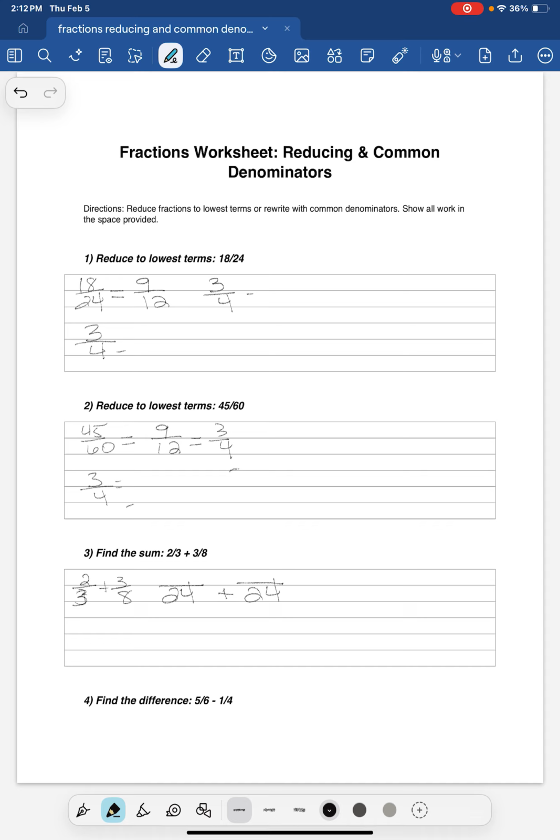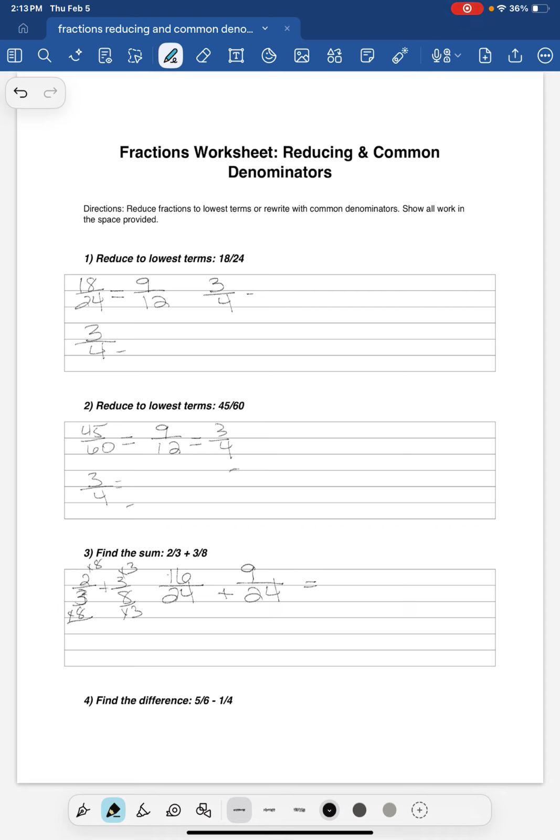Then you need to go back to your numerator and look at how you came up with 24 from 3. You came up with it by multiplying it by 8. So you need to do the same thing here, and that's going to give you 16. And you got to 24 from this 8 by multiplying it by 3. So you need to do the same thing here, and that's going to give you 9. So now instead of 2/3 plus 3/8, which you cannot do, you have 16/24 plus 9/24.